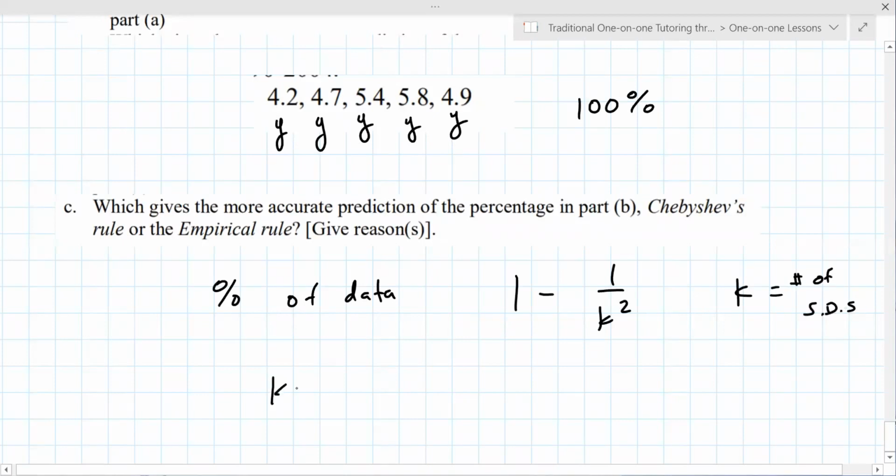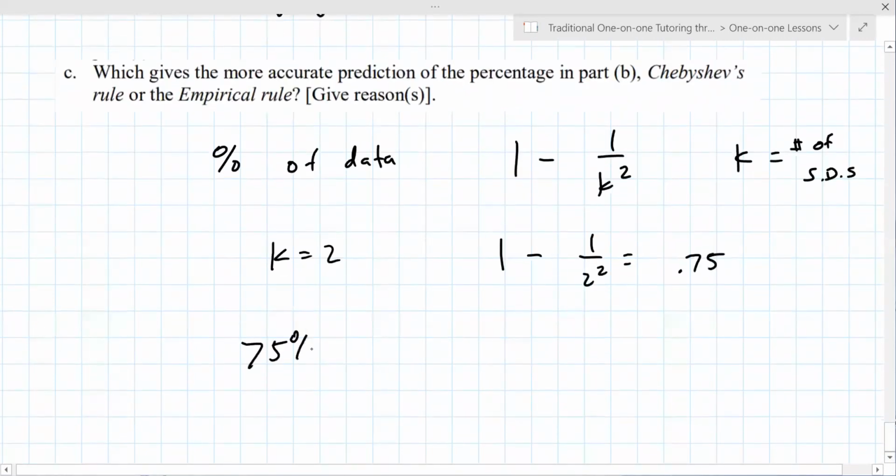In your case, k is 2, so 1 minus 1 over 2 squared is 0.75. So he would say 75% of the data is within 2 standard deviations.